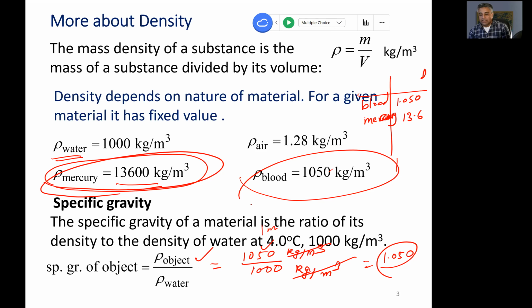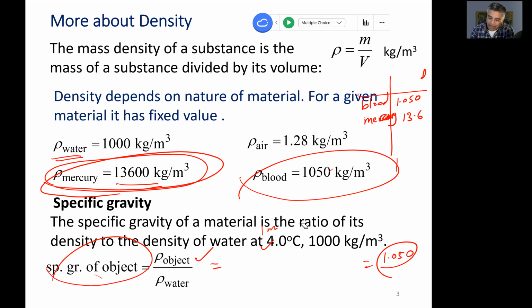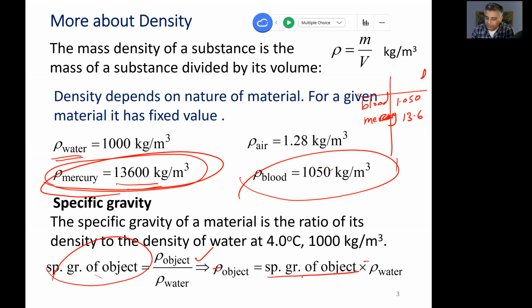Okay, so what it means for this class is, if you are given specific gravity, that means you are given density in disguise. You just multiply that specific gravity by the density of water, and that's going to be the density of the object. Multiplying by 1000 is easier because it's a number with a bunch of zeros, right? So we can easily find it.